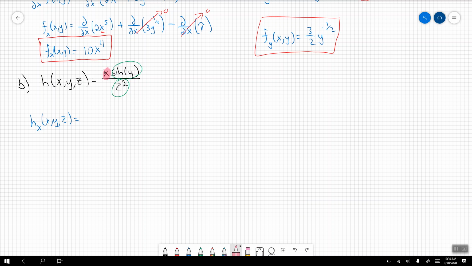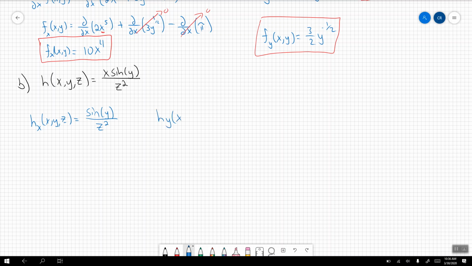Everything else is treated as a constant. So if I treat everything else as a constant, let's take the derivative with respect to x here. That's going to be a 1 multiplied by this constant, sine of y divided by z squared. That's it. Next one.